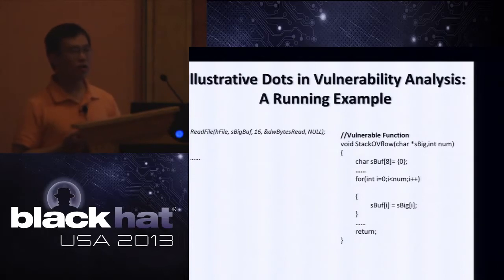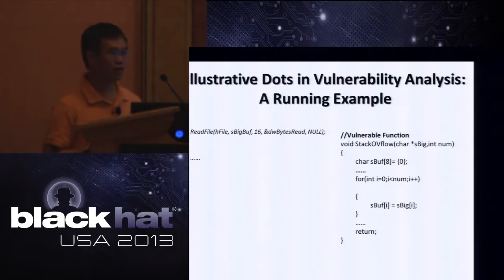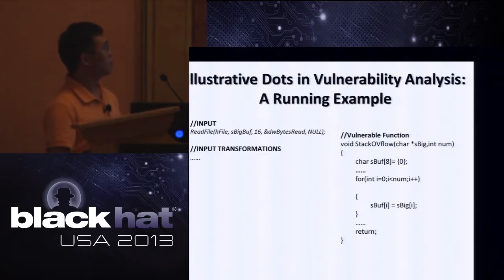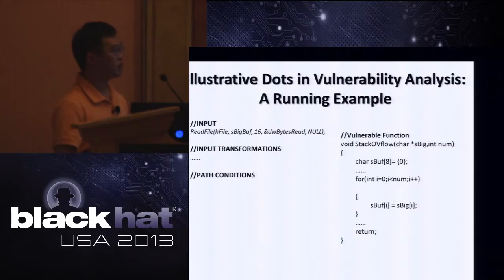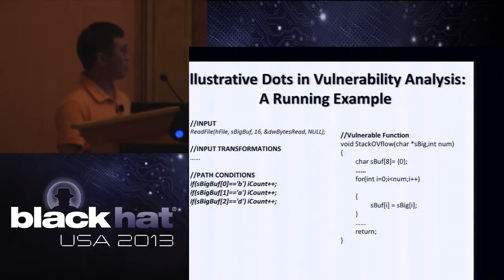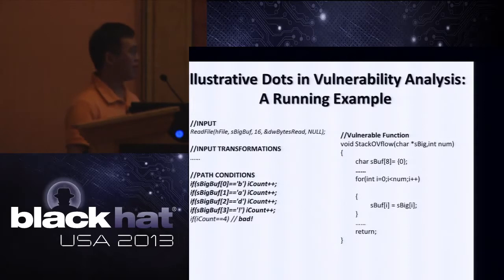Let me introduce a running example, a very simple example, just to help you understand the concepts and our approaches. This example starts with input from a file, and it might go through some input transformation. When certain path conditions are met, it might trigger a vulnerable function.